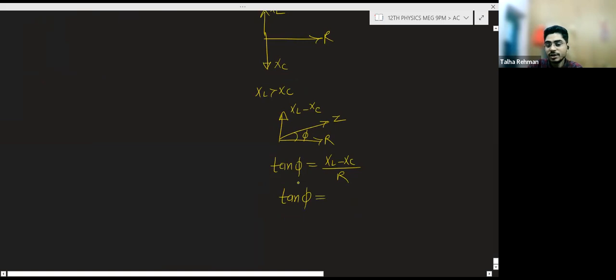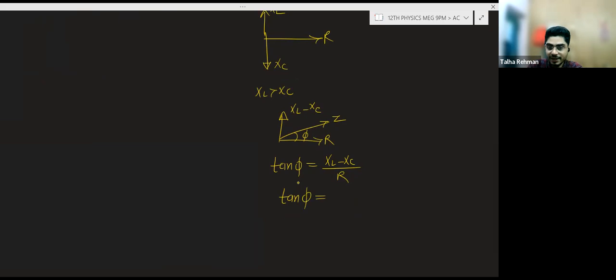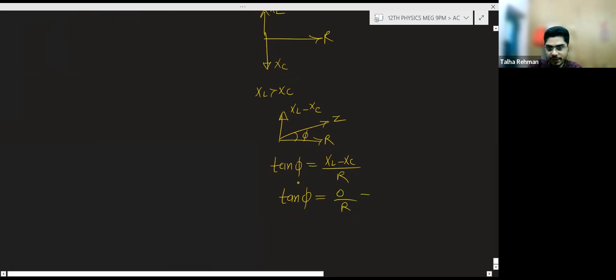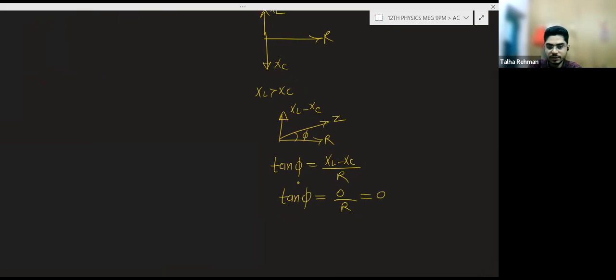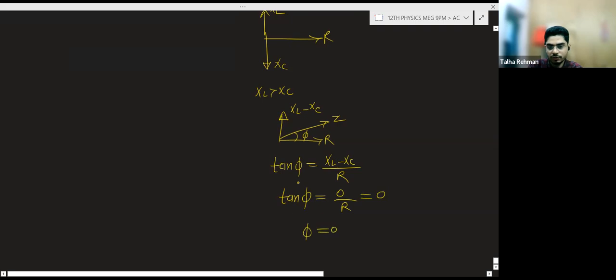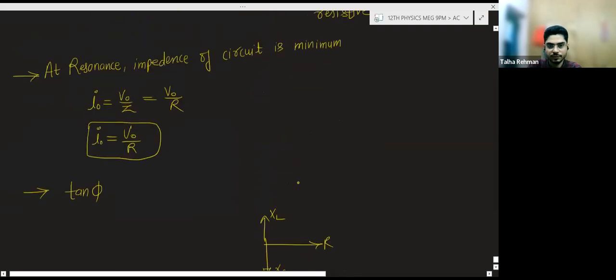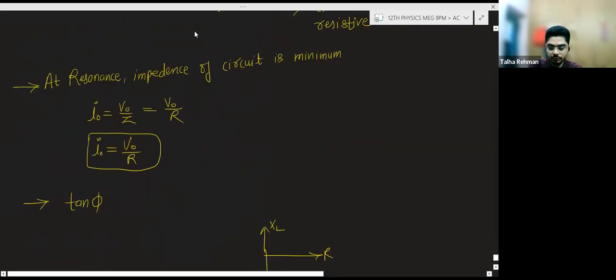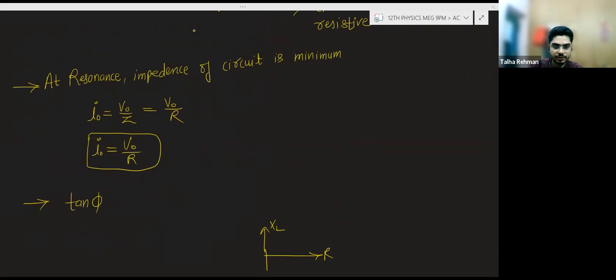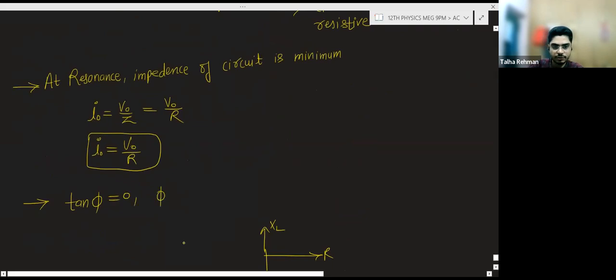Now at resonance, what happens? XL becomes equal to XC, so this will become 0 by R. So tan phi becomes 0. So your phase difference phi becomes 0.